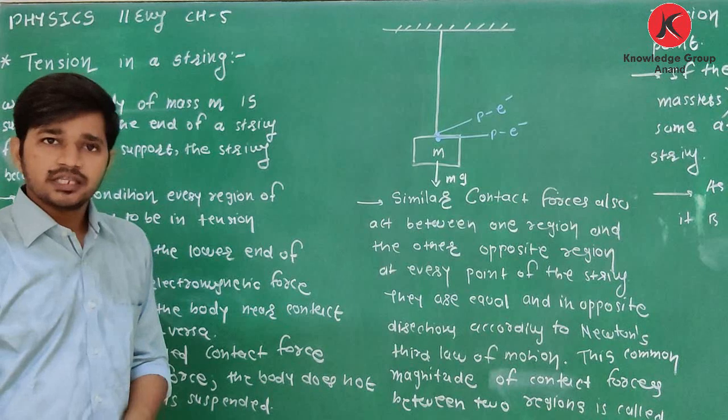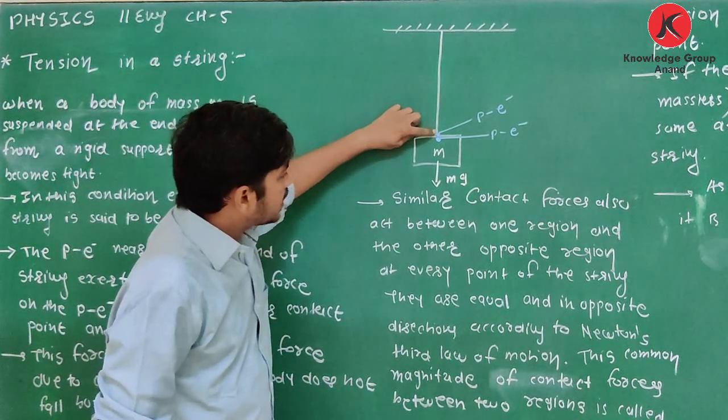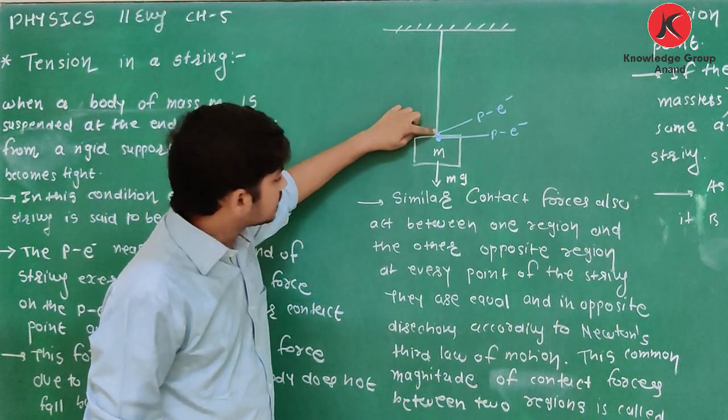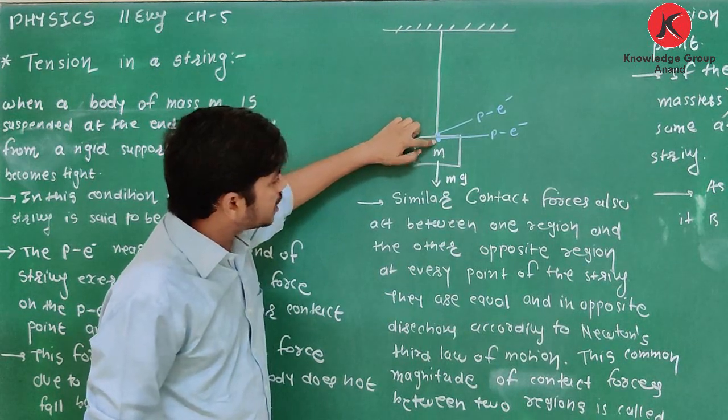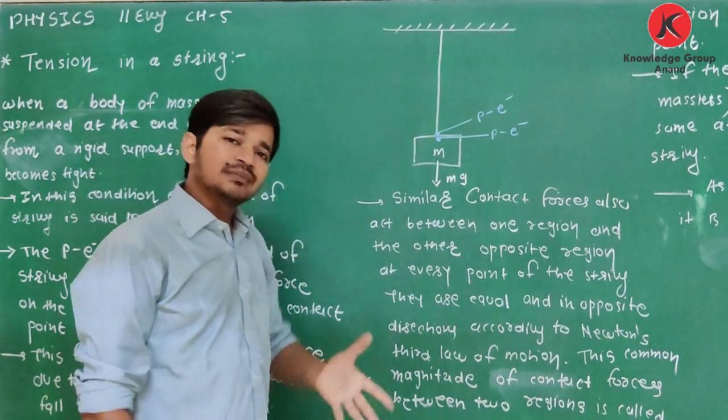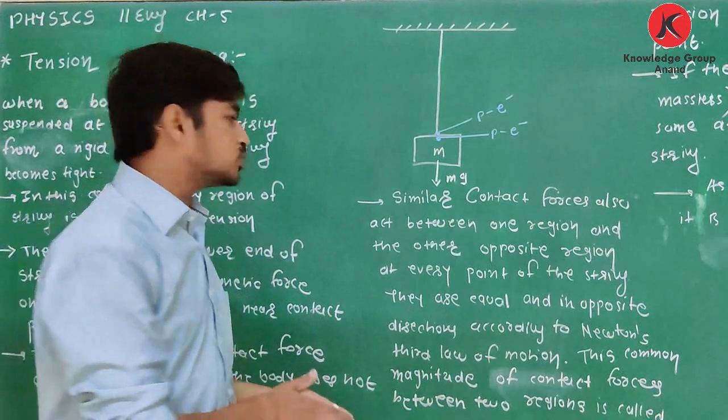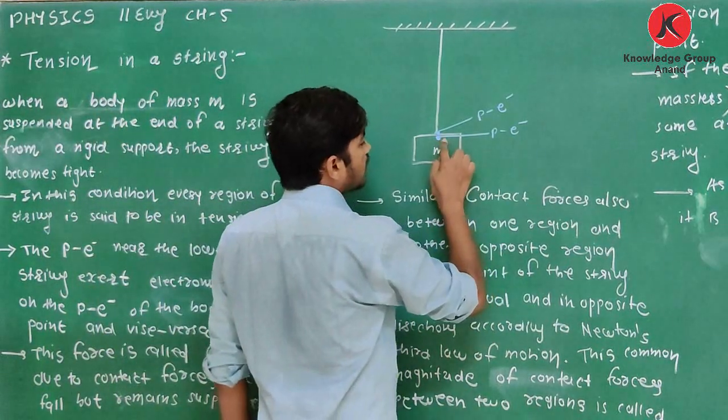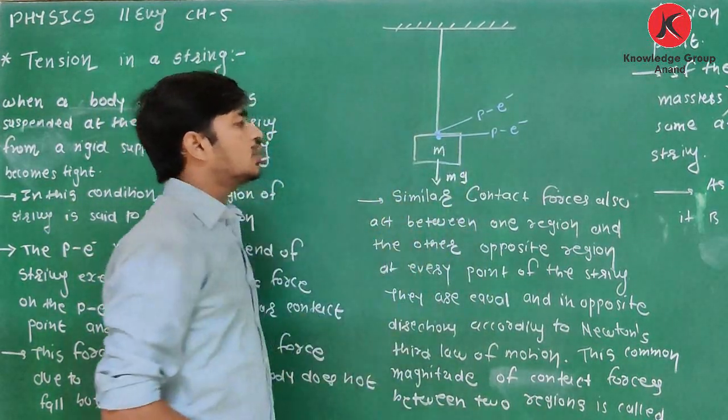Clear about this? Yes, protons and electrons in the string exert some force on protons and electrons of the block. And similarly, according to Newton's third law of motion, protons and electrons from the block also exert some force on the string.